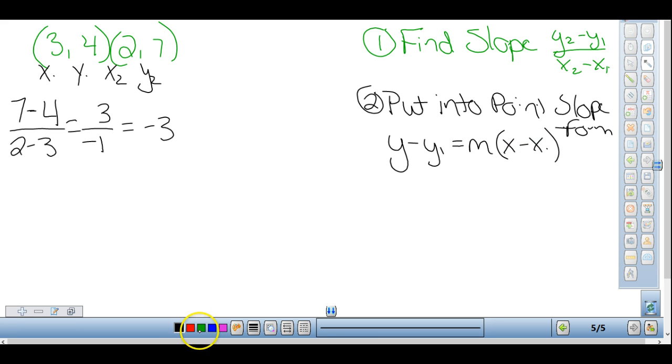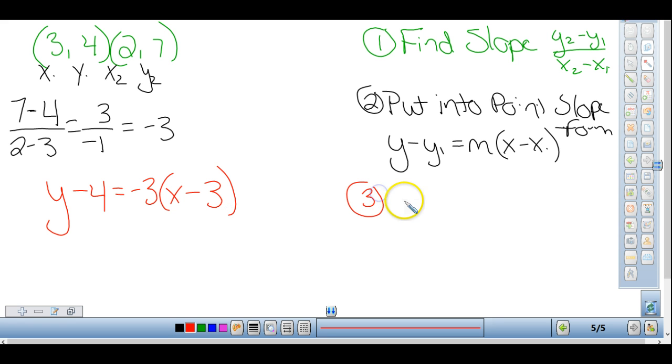So let's put it in there. Y minus, we're using this point because that's my x1, y1. Y minus 4 equals, here's my m, negative 3, times x minus 3.